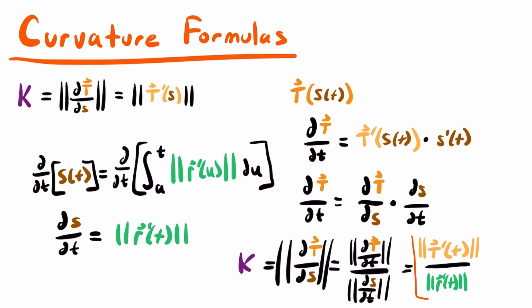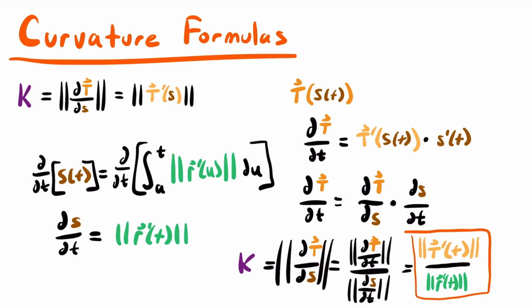Okay, so this is the formula you are going to want to know for finding curvature of space curves. This allows you to find the curvature without ever needing to reparameterize your curve in terms of the arc length parameter. You can work entirely in terms of t. All right, so this is the formula that you will use most often.